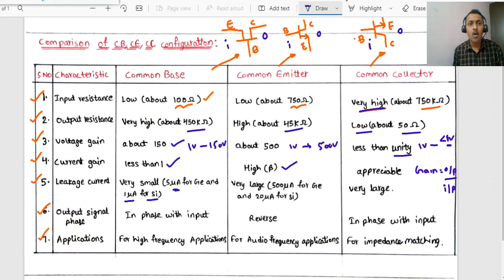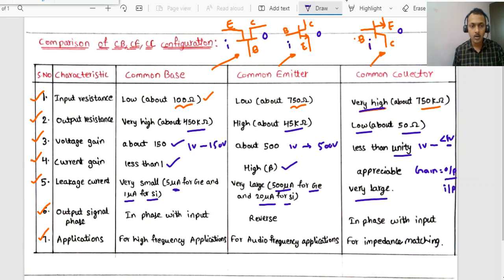In common emitter mode, the leakage current is very large. It is around 500 microamperes for germanium and some 20 microamperes for silicon. And in common collector mode also, the leakage current is very large.